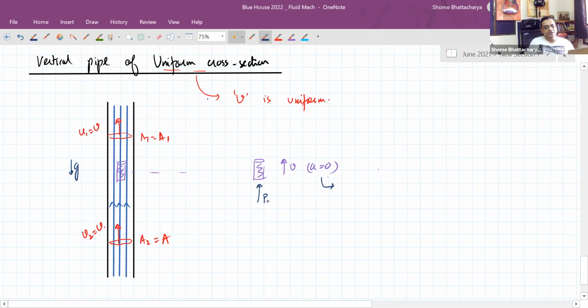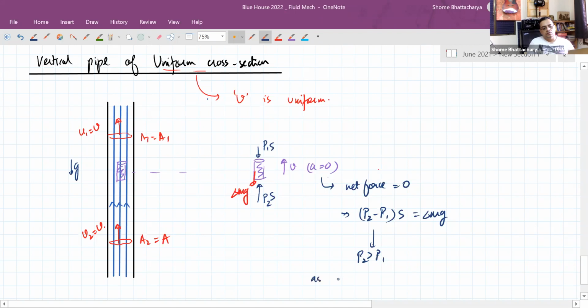So the pressure from this side is P2, let's say. The pressure from this side has to be lesser so that these two together are able to counterbalance the weight of this element. That means P2 is greater than P1.